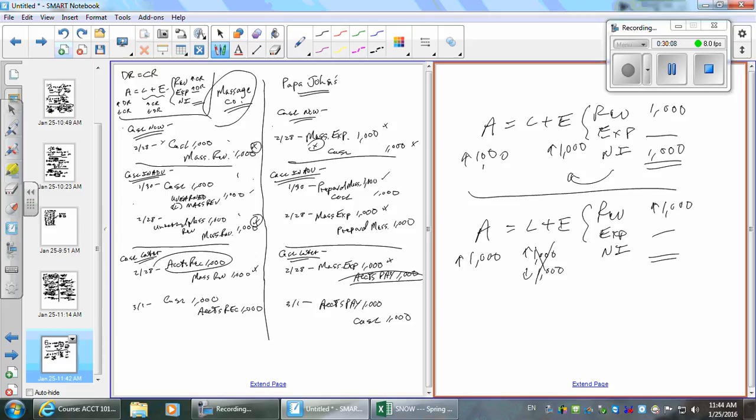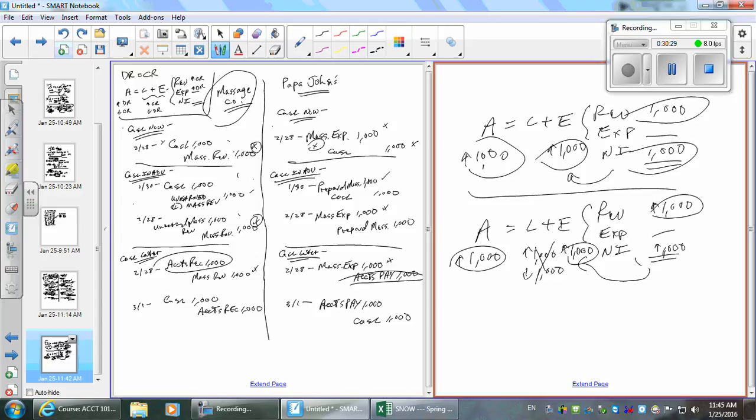Which means we have more net income by 1,000, huh? Which means we have now more equity by 1,000. Yeah. And you know what? The end result's exactly the same. I have more assets here, more equity here, same thing over here. It's just that it's spread over 2 months.